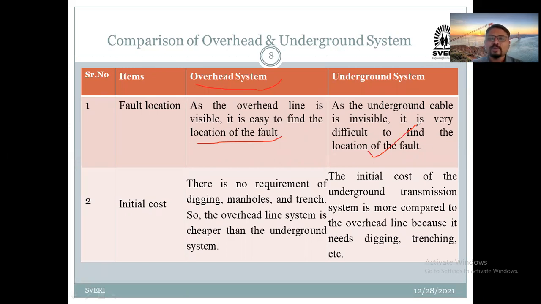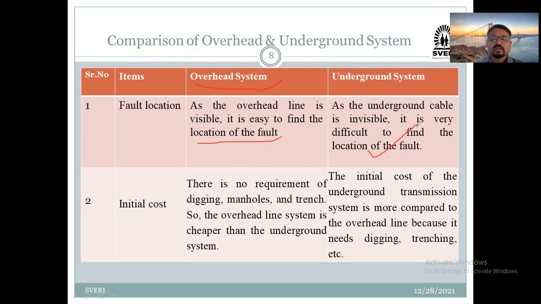That's why it is easily possible to find out the fault. म्हणजे ओव्हरहेड सिस्टीम आपल्या डोळ्यासमोरच आहे ती, त्यामुळे आपल्याला फॉल्ट फाइंड आउट करणे इझिली आहे. पण तसं अंडरग्राऊंड सिस्टीम मध्ये आहे का? अंडरग्राऊंड सिस्टीम बिलो द ग्राउंड लेवल आहे, ती इझिली आपल्याला डोळ्याला दिसत नाही. So that's why it is very difficult to find out the fault location in the underground system.